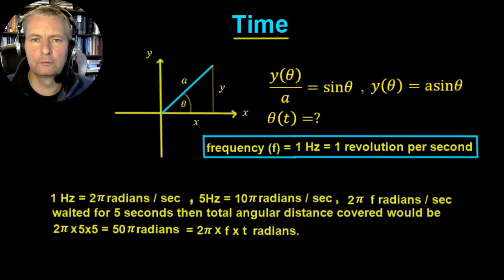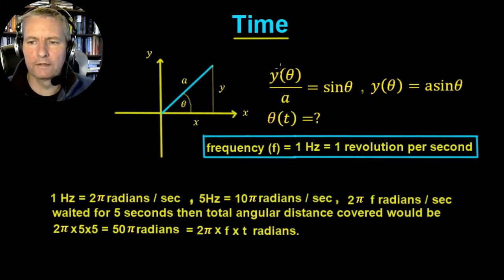We want to be able to control, or have some defined means of defining, that rotation. Now what we've got drawn out here is a simple y-x axis, and we had our angle theta and a length of our phasor A. From simple trigonometry we can say that y upon A is equal to the sine of the angle theta.